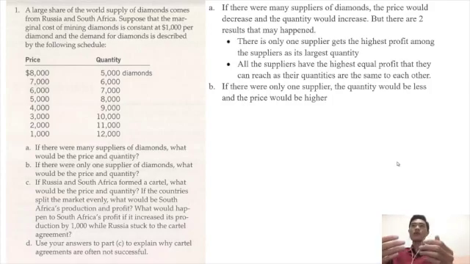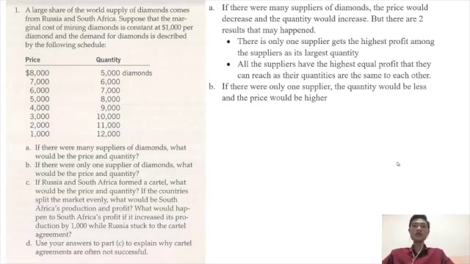This will make the price higher because the quantity is lower, so they will get more profit, and they have no competitor, so they will get the highest profit that they can.